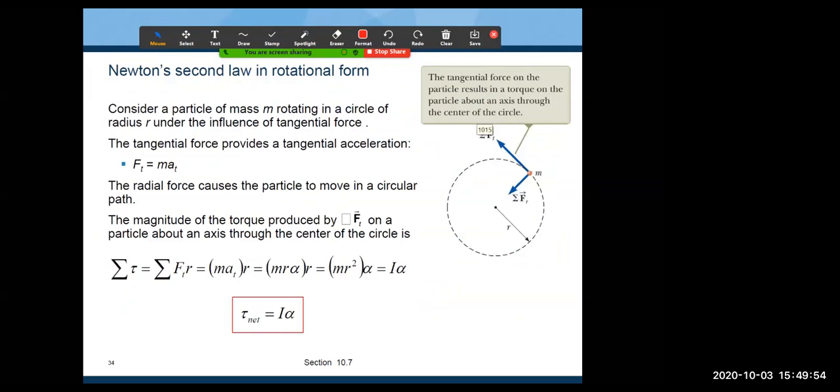And we could now take a look at the relation between the torque and the angular acceleration. The idea would be pretty much like Newton's second law. Newton's second law states that when there is a net force, it would lead to an acceleration, a linear acceleration of the object in the direction of the force.